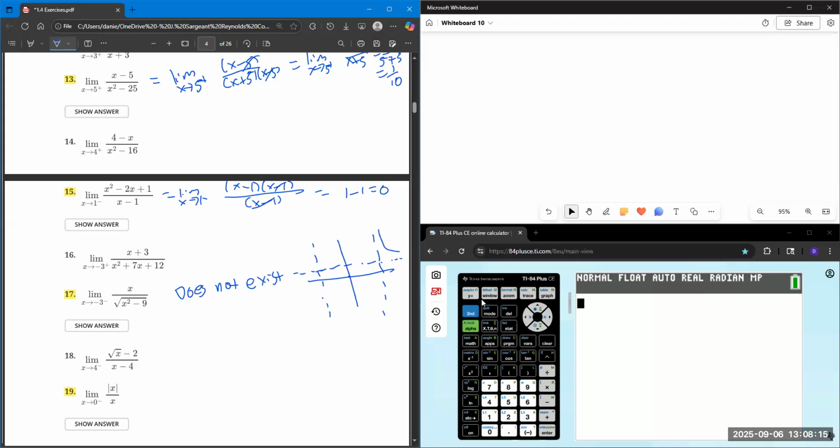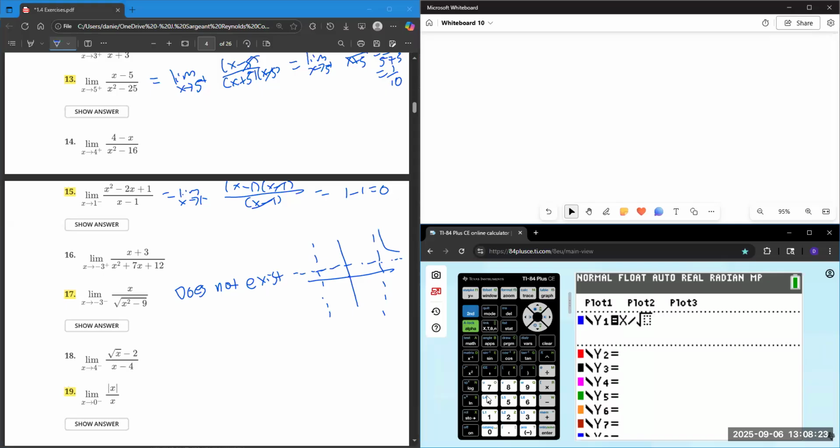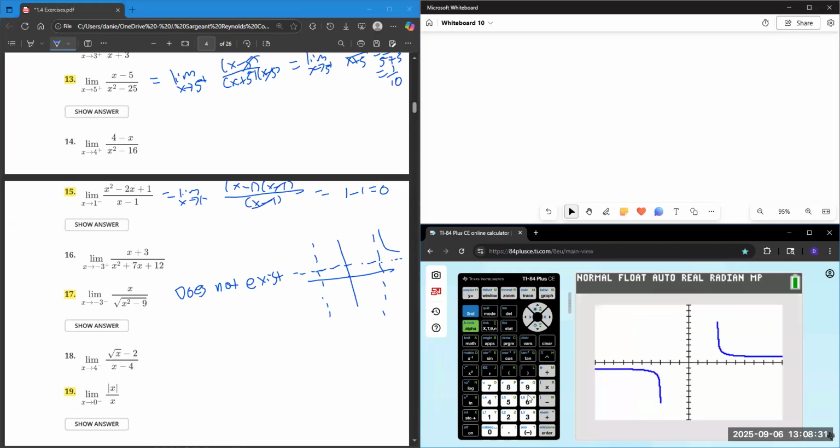Let's just let my graphing calculator graph it for me: x over the square root of x squared minus 9, zoom 6, like so. To show you it's getting close to 1, and it's getting close to negative 1 down here.